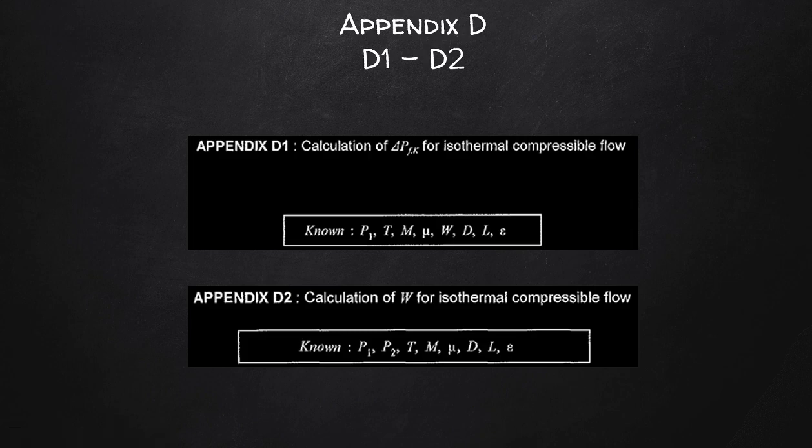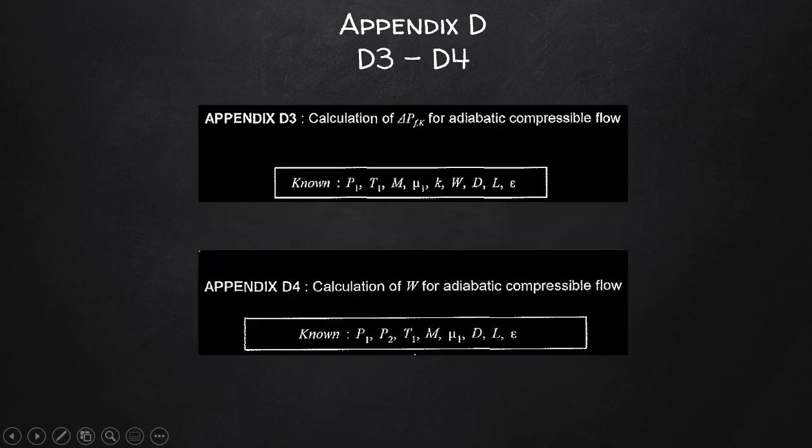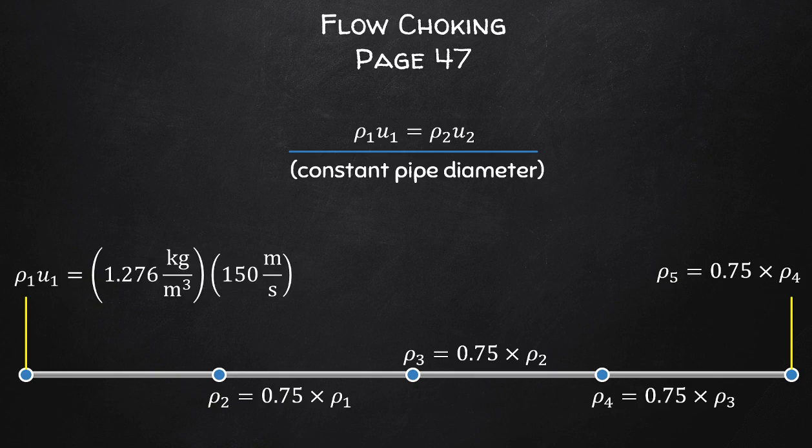Once the friction factor has converged, then you can use the resulting mass flow. The appendix D3 and D4 provide similar algorithms for determining the pressure drops as well as the mass flow rates, but tend to be a bit more involved as they typically require slightly more iteration. We'll go over this in due course.